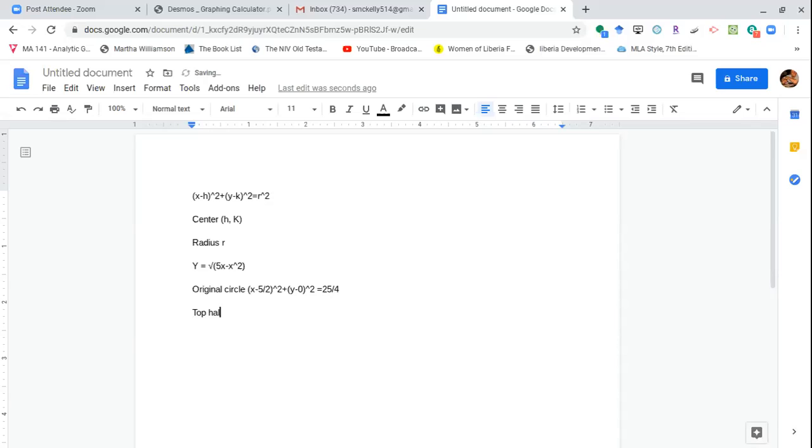That's why it looked the way it did, which is the top half of the original circle. Okay? So are you okay with that part?